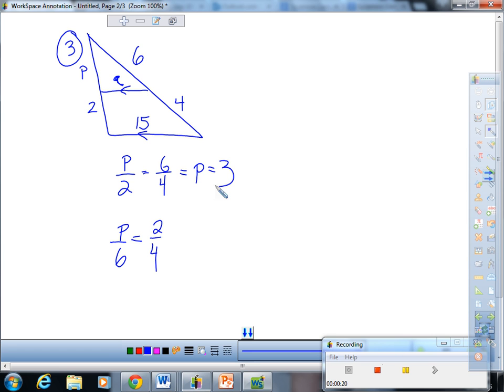Now, here's my concern. Q is a little bit different. This is a mistake many of you will make on the test, so I want you to pay attention. Many of you made it on your quiz, which you'll get back at the end of the bell. Okay? 6 is to Q. Let me do something really quick.